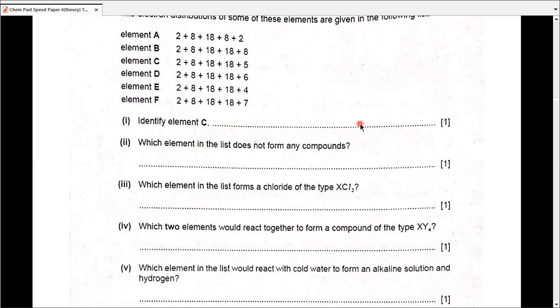Come on, this is easy. Remember, alkaline solutions are formed by either group 1 or group 2. Element A. Element A, that's correct. We'll put A over here because it belongs to group 2. Okay, moving on.